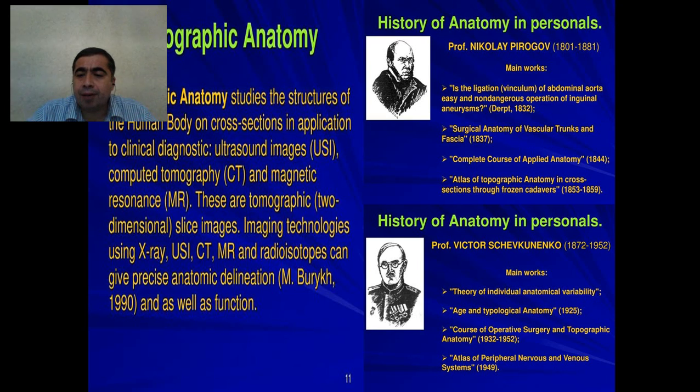Course of the operative surgery and topographic anatomy, and atlas of the peripheral nervous and the venous systems are the following investigations. You know, the topographic anatomy is just a step, but a very important step to surgical practice. Then you will study the surgery, operative surgery, or the general surgery, and the surgical diseases.